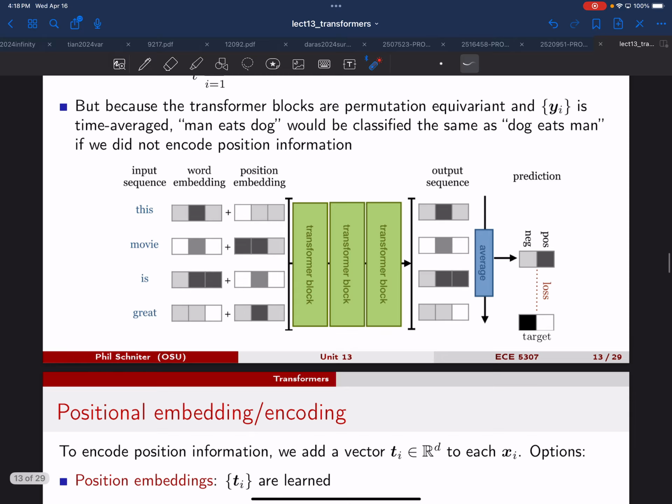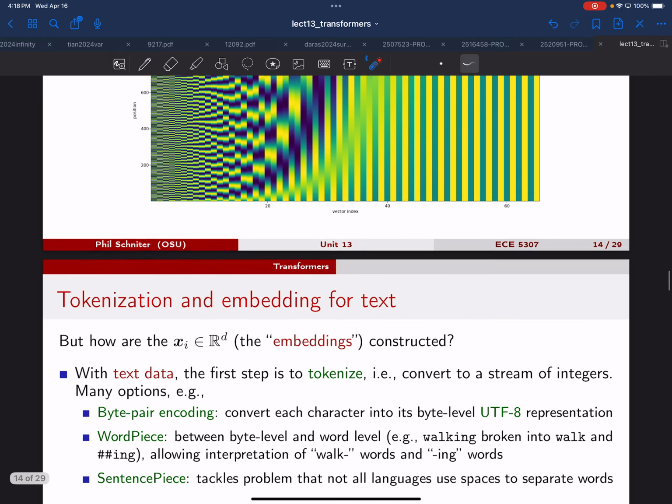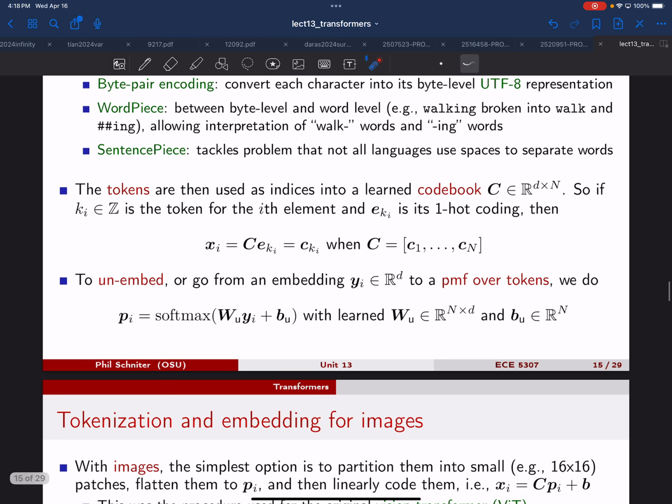So to figure out which code words it is closest to, you can train this one-layer network with a softmax to give you a probability distribution. And so the largest entry in this gives you the probability of the most likely code word.